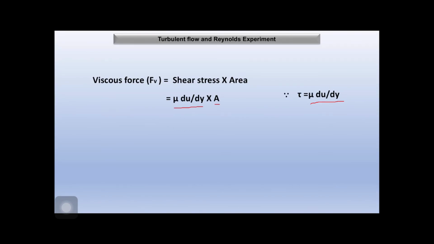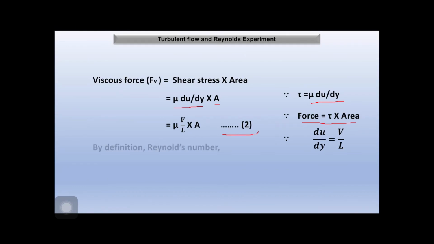Here du by dy is nothing but the velocity gradient, and it can be represented by velocity divided by length. Okay, so we name this equation number 2.